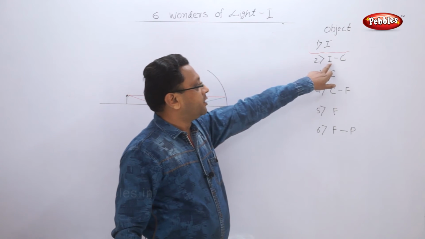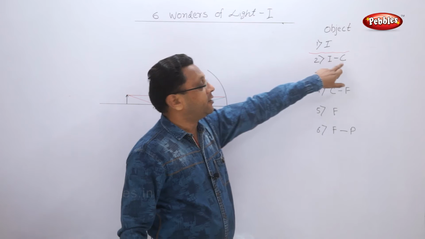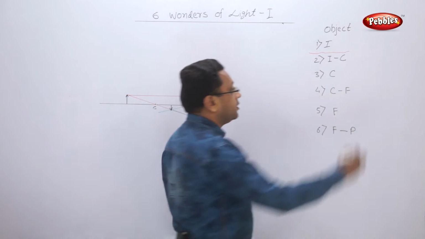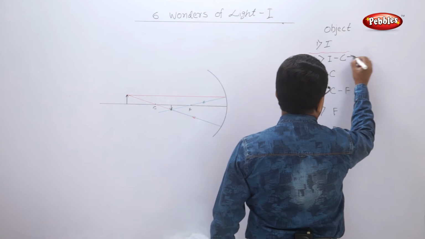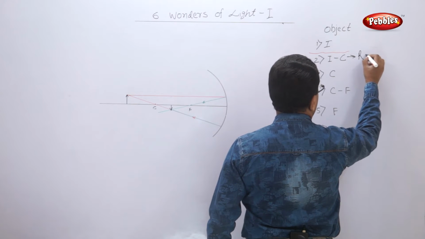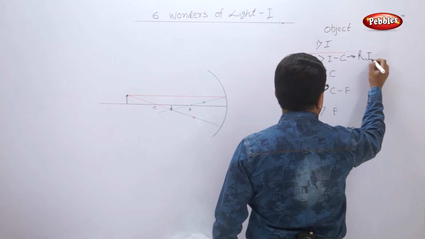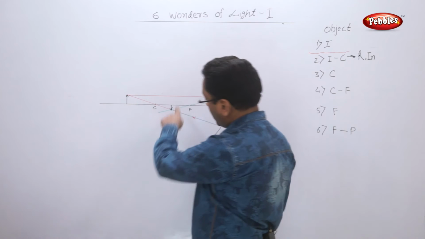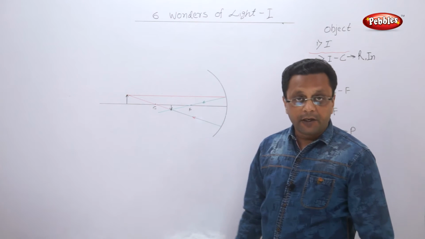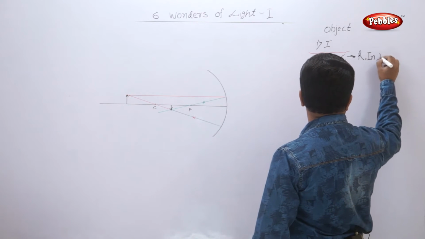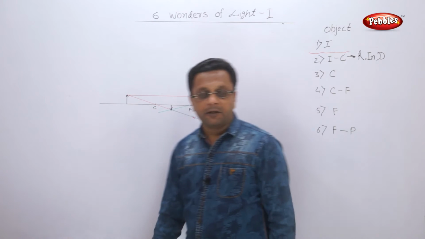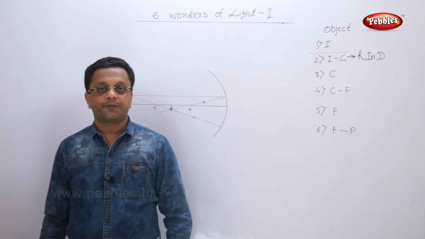So whenever the object is between infinity and C, how is the image? This image is real, inverted, and diminished. That means it is smaller than the object.